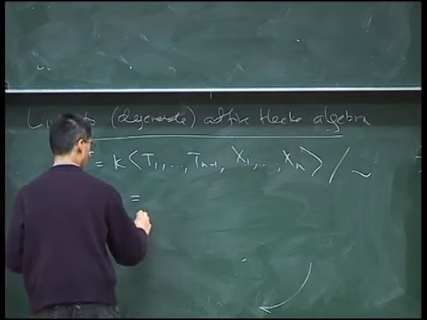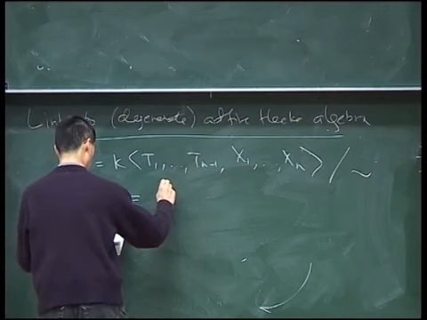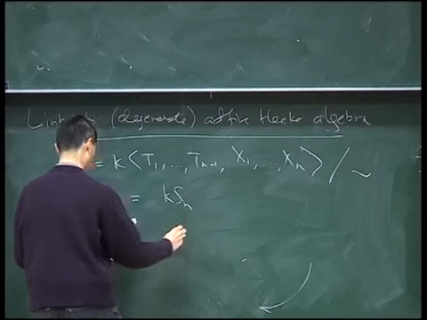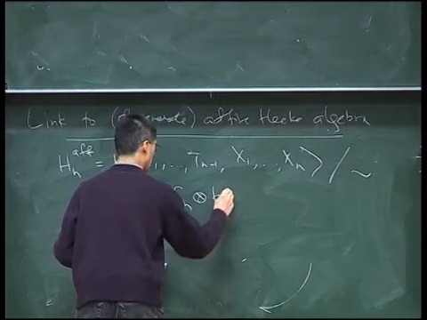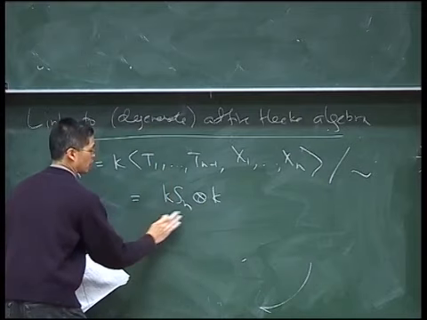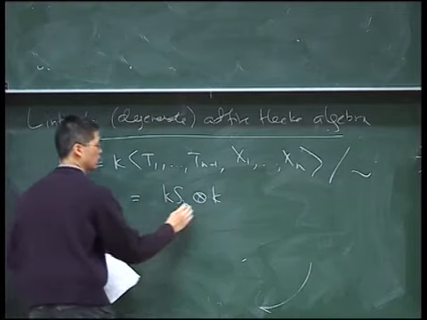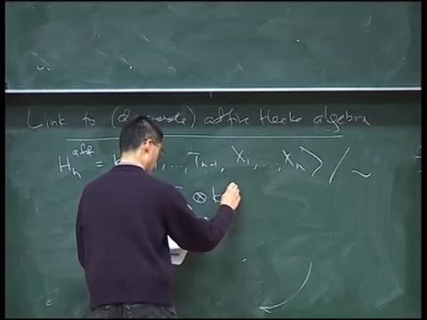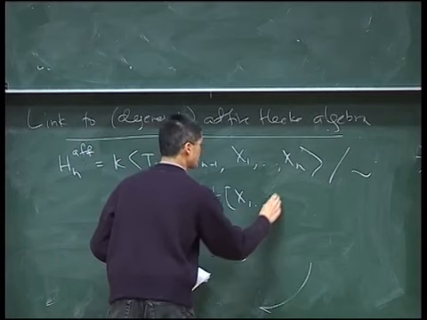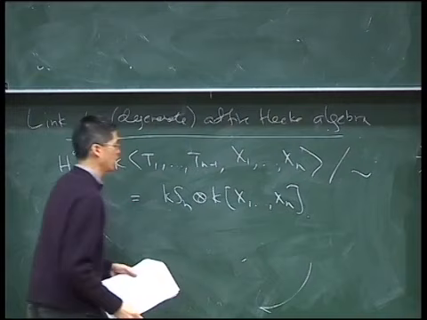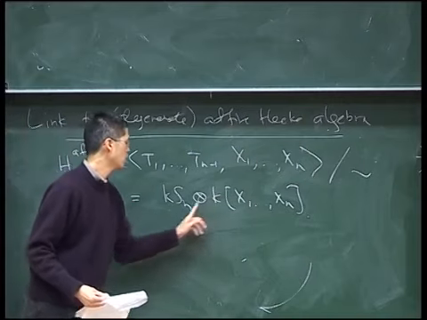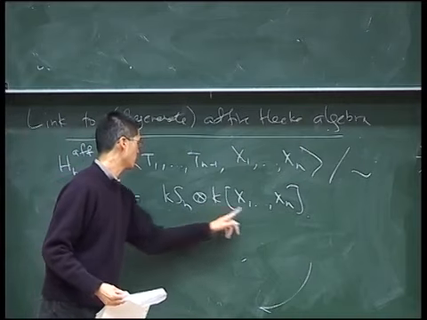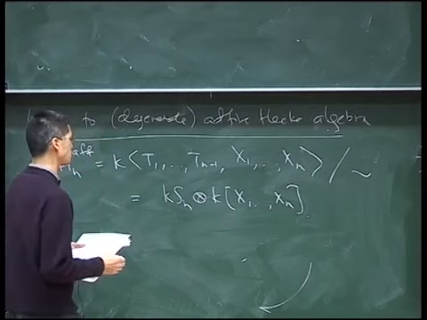The t's generate a subalgebra isomorphic to the group algebra, and the x's give you a polynomial subalgebra. And then you get an interesting relation between the t's and the x's.